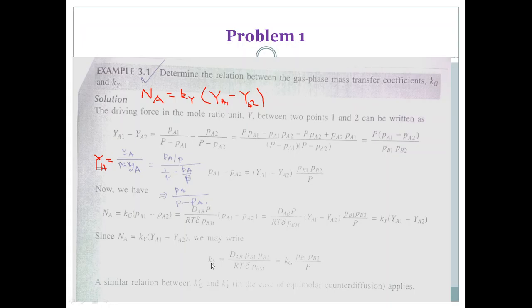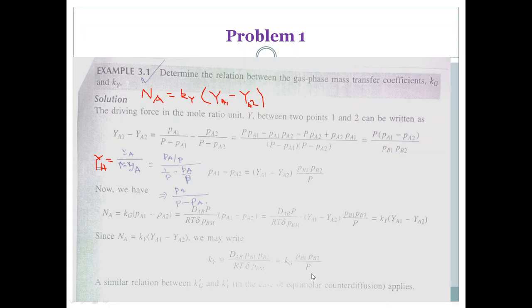So capital Y equals Kg into this term, because if you multiply, this becomes this.